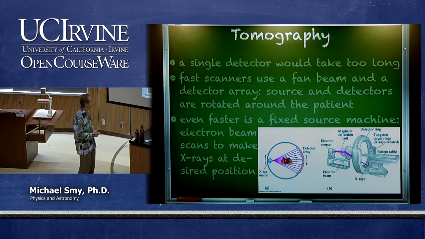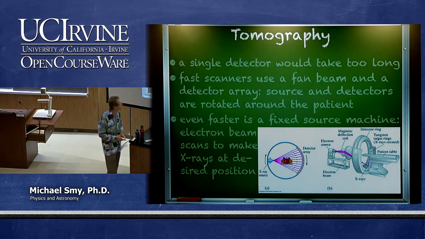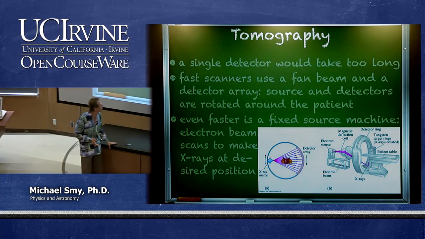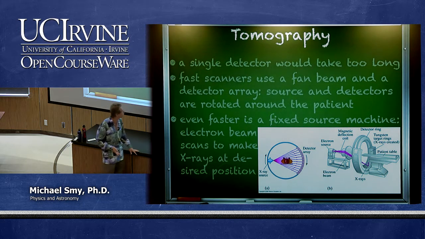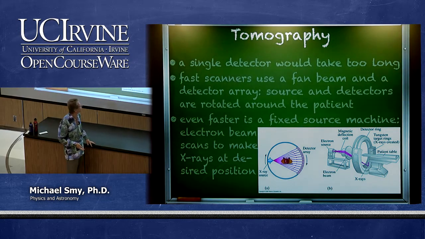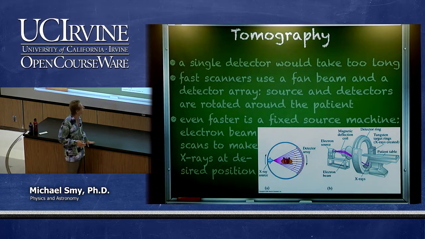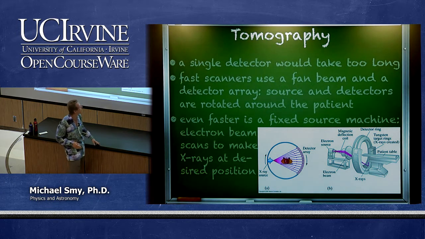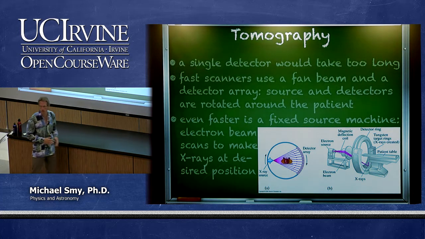If one wants to take pictures even faster than that, because this is limited by the speed with which you can rotate this assembly around, which is quite heavy, you can have an entire ring of detectors, and you generate X-rays by having an electron beam that is then scanned across a target, which also surrounds.